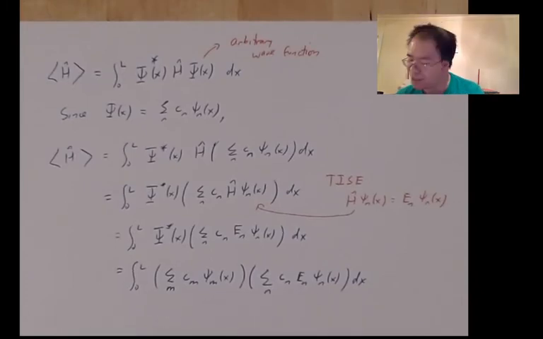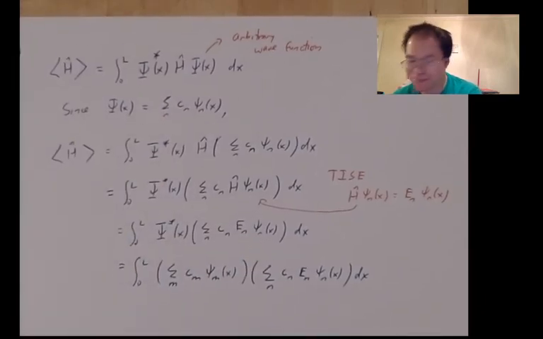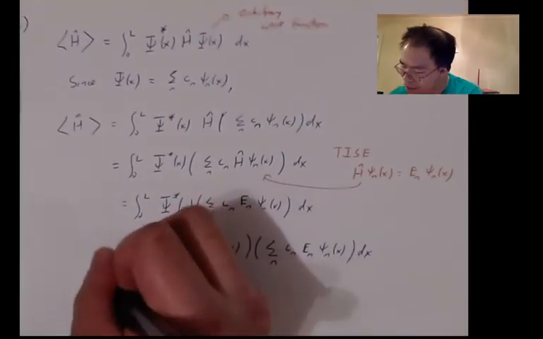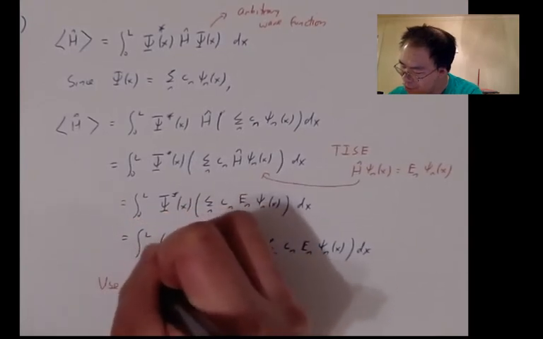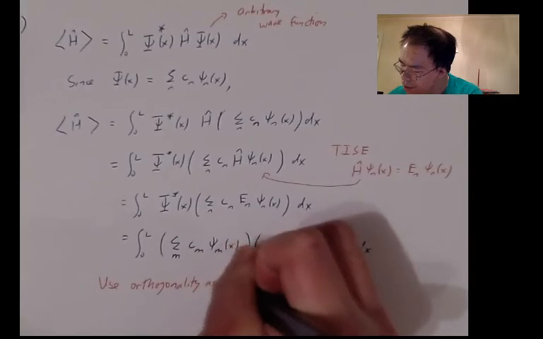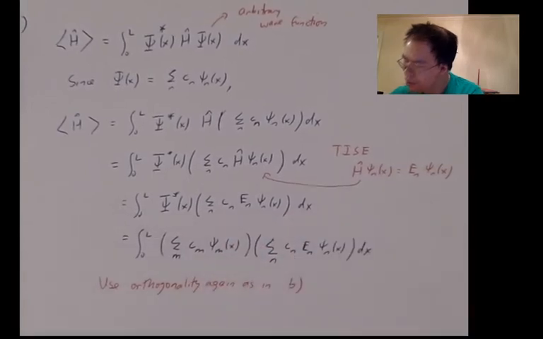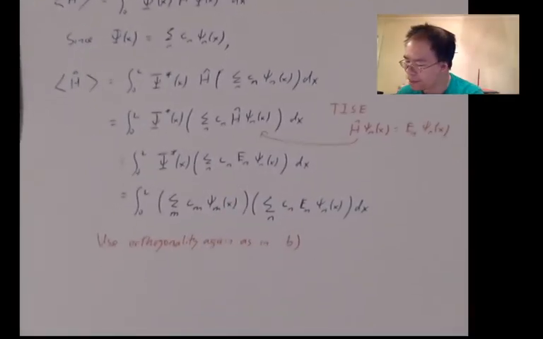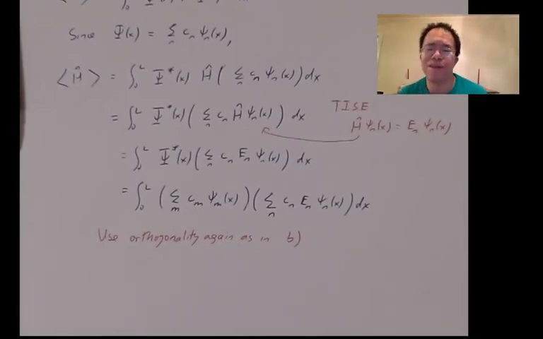I think you can see how this game is played. I won't write it out in gory detail since we've done this already. So use orthogonality again as in part B here. We get the big infinite product, but most of the terms integrate to 0 by orthogonality.